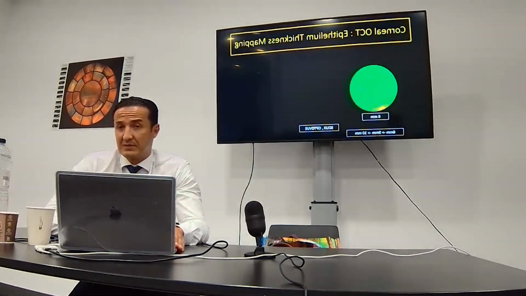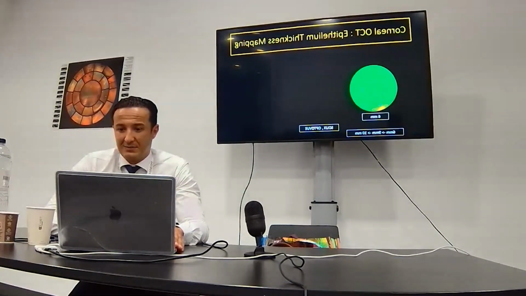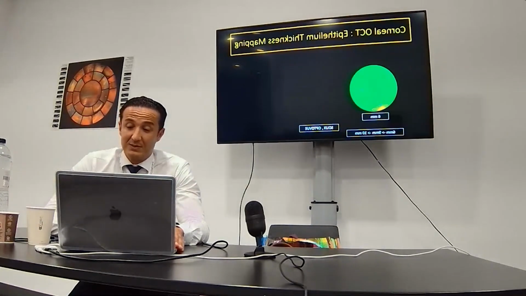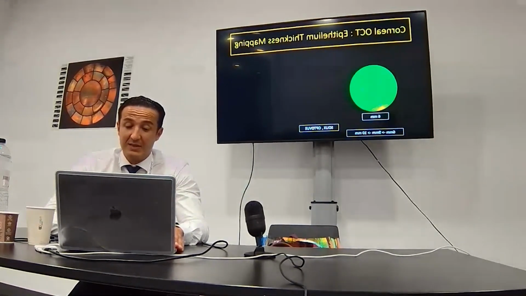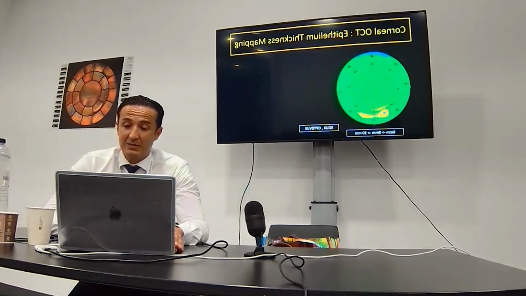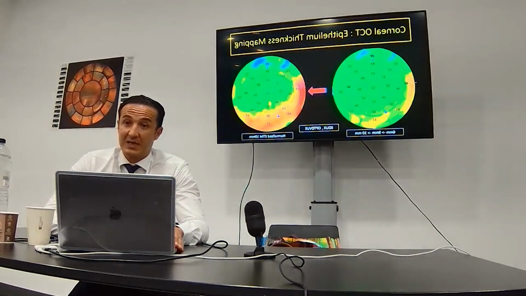In the beginning of the epithelium mapping, we had a 6 millimeter area of mapping, but it wasn't enough to identify slight epithelium changes, especially in the area of 7 to 9 millimeters. And look here, the 9 millimeters, 10 millimeters, and you observe very slight changes in this area.